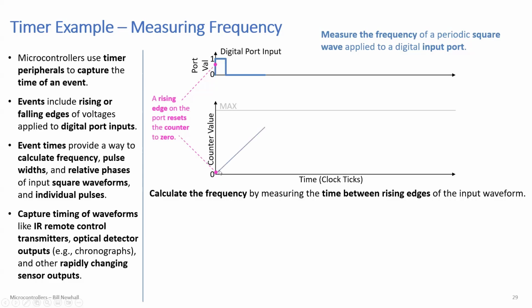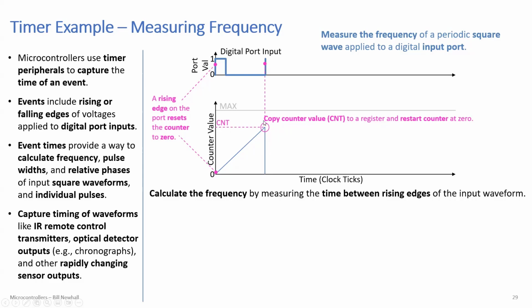So that counter, once it's reset, keeps counting. That's an integer value that counts over time based on the clock ticks coming in. And then I get another rising edge of the input. And so what's going to happen is I'm going to copy the counter value to a register and then restart the counter.